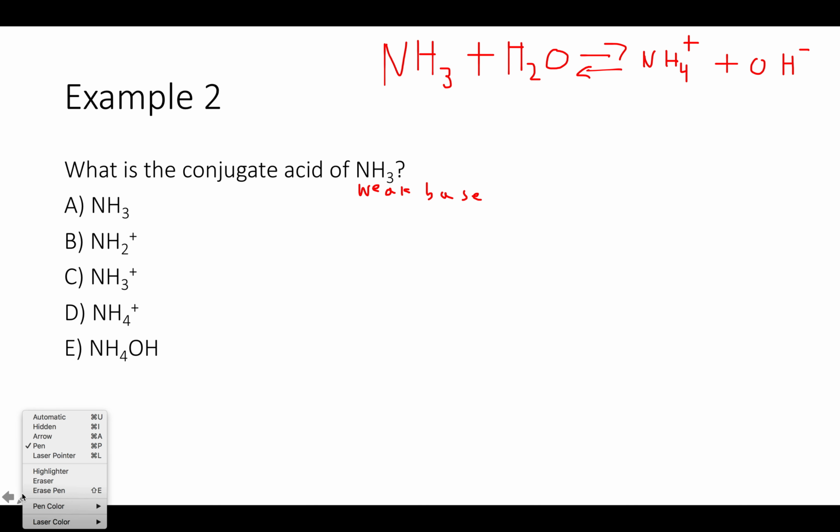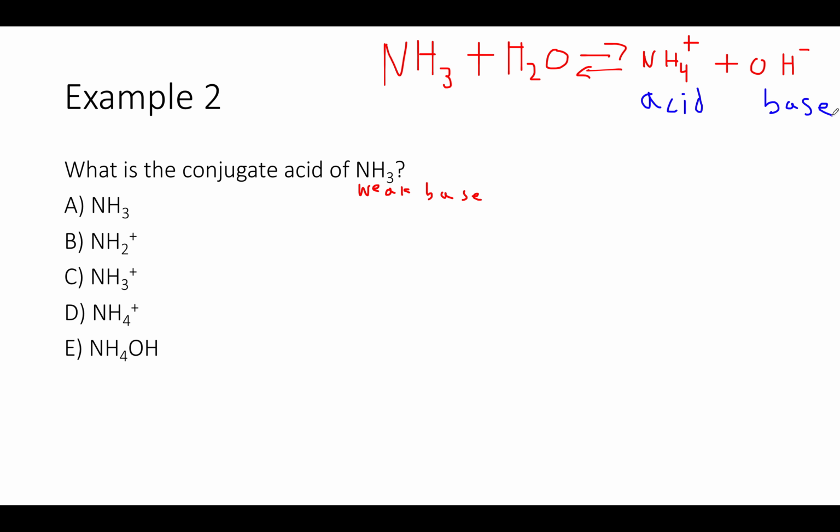In this case, the conjugate acid of the reaction is NH4+. After the base accepts the proton, the result is the conjugate acid. And here you have the resulting base.